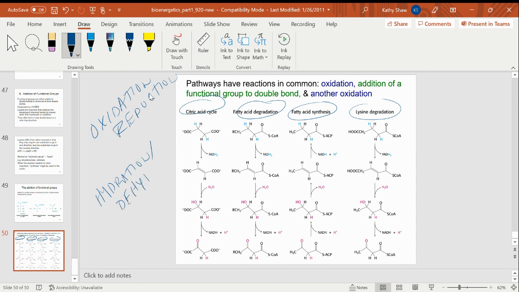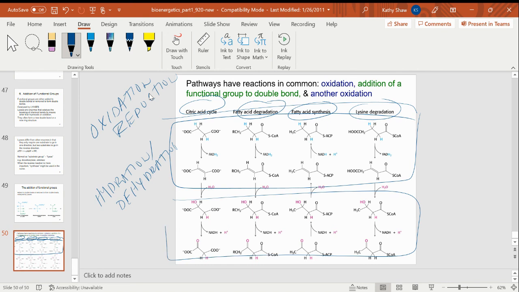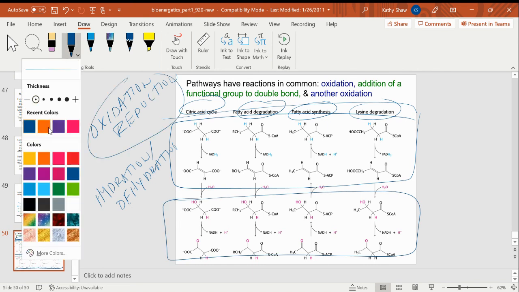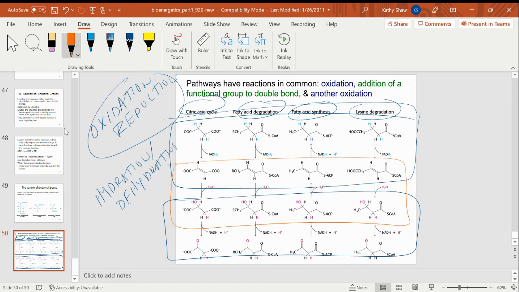So in this whole thing, there's two reactions. So this whole row and this whole row, that's all oxidation and reduction. Then in the middle, separating them, is hydration or dehydration.